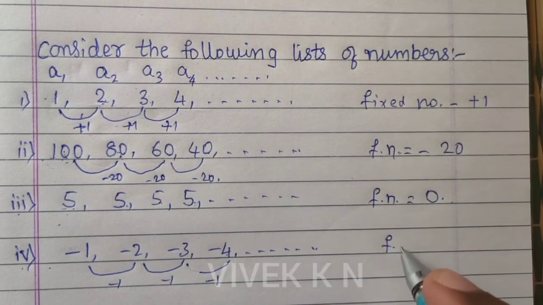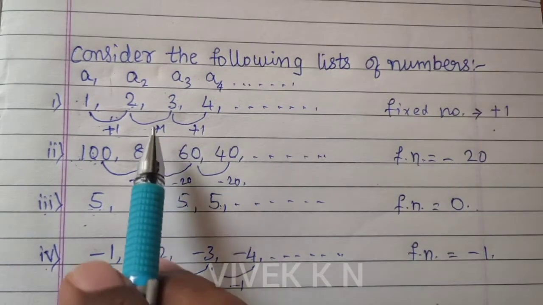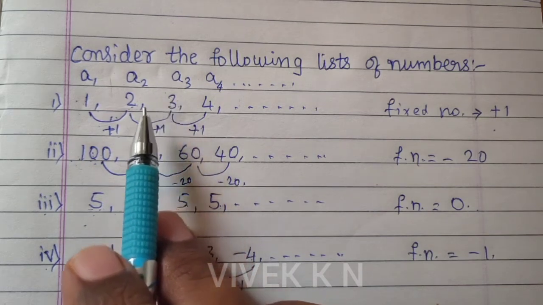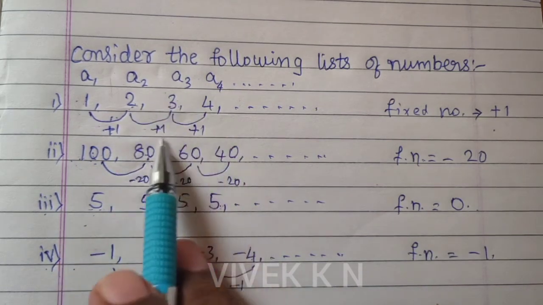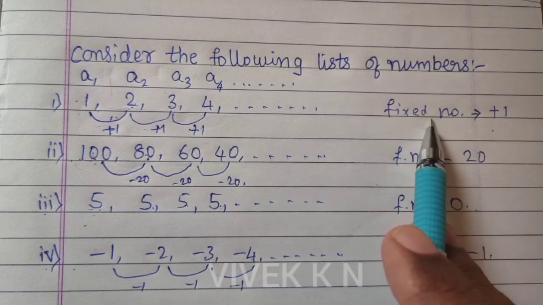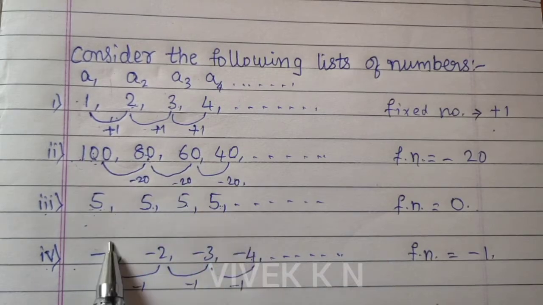Here, the fixed number is -1. In all the lists here, we see that successive terms are obtained by adding a fixed number to the preceding terms.